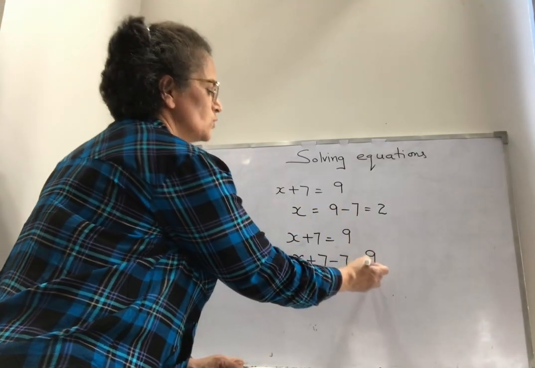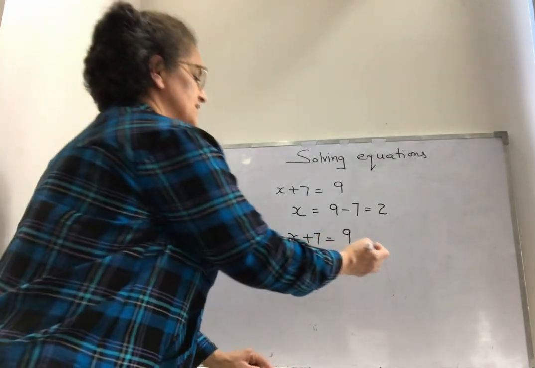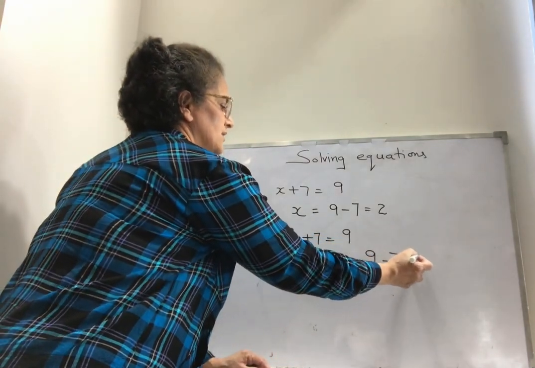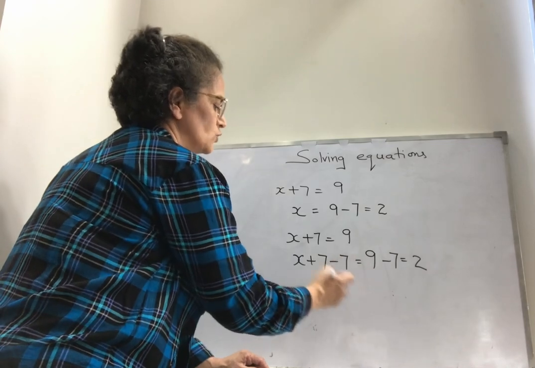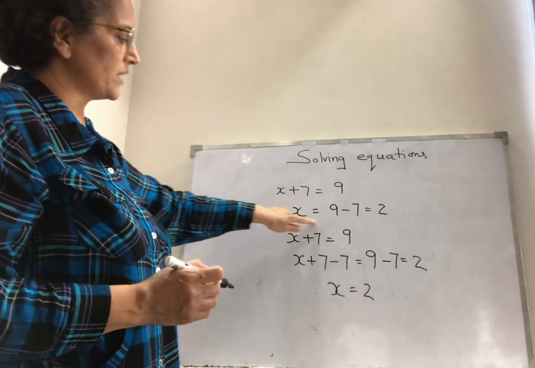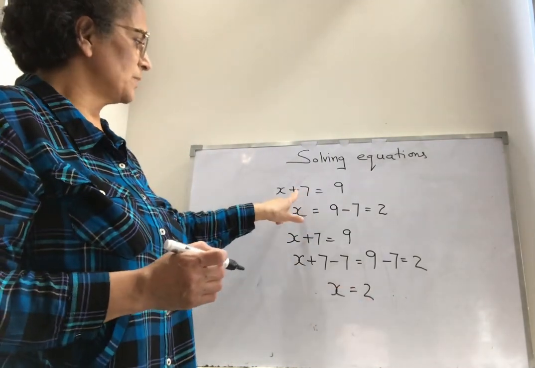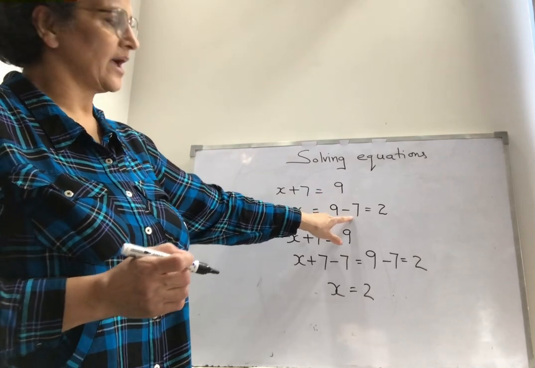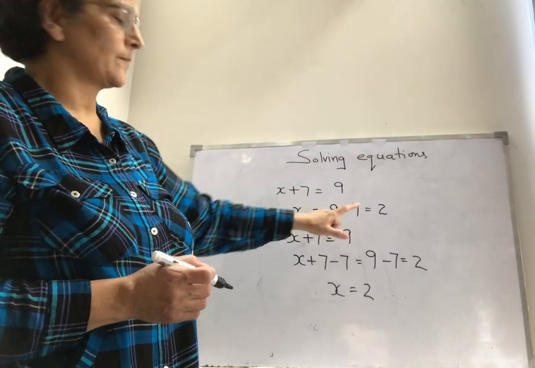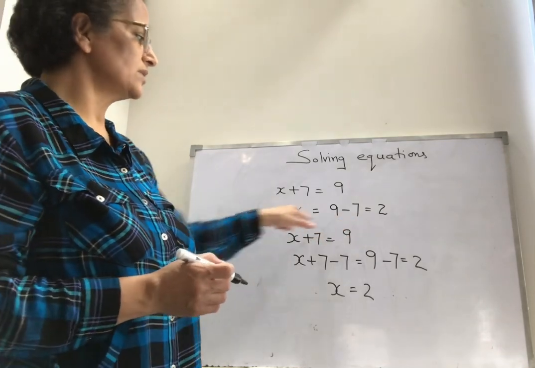So what I do on the left hand side needs to be done on right hand side. So I get the value of x to be 2. This goes away, and see, I showed you here also, and this is the reason why we say plus 7 goes there and becomes minus 7. And this is reasoning to understand why we have learned this.